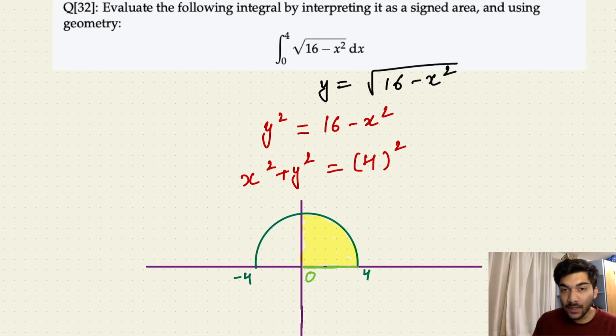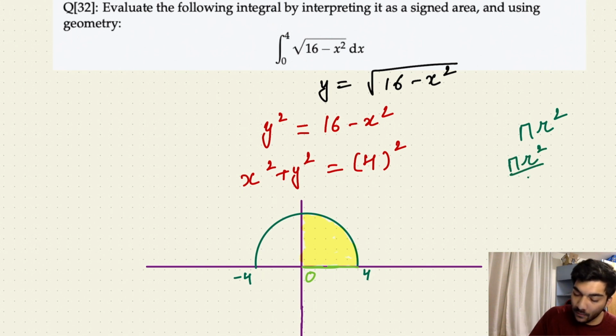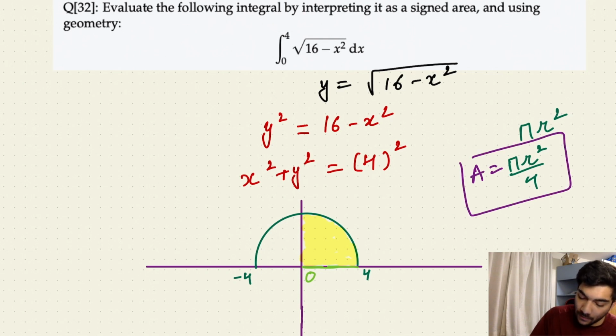Since I can clearly see that it's a quarter circle, I know that the area of a full circle is pi r square. So if I have to calculate the area of a quarter circle, since it's 1/4 of the total circle, the area would also be 1/4 of the total area of a circle. And this would be my final answer in this case.